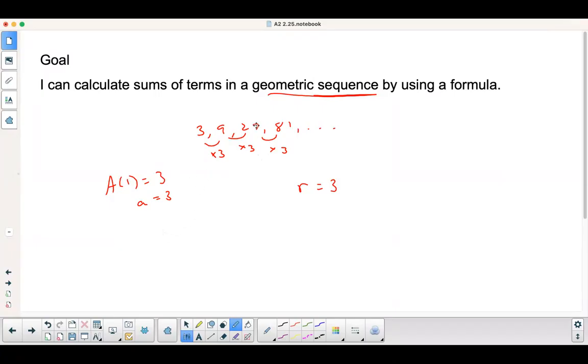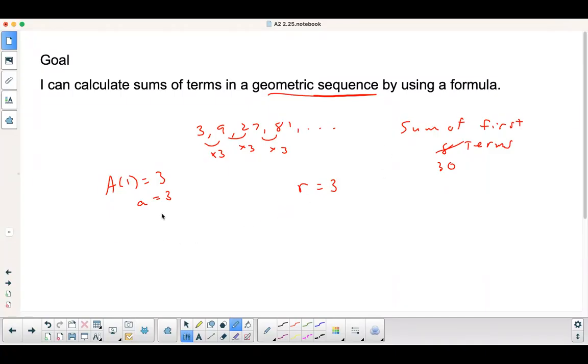If I wanted to add up, let's say, the sum of the first, I don't know, 8 terms, you could count out 8 terms and add them all up. You could do it. But what if I said the sum of the first 30 terms? Now it starts to get a little bit more tedious, because you have to count out 30 terms and add them up.